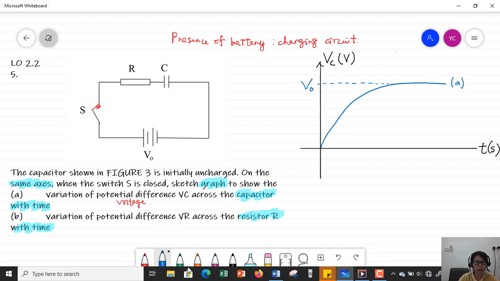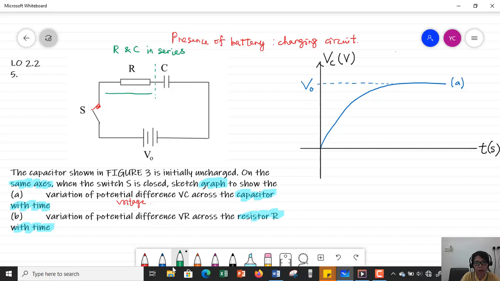Now we need to sketch the variation of potential difference VR across the resistor. So class, if you refer to the circuit, we can see clearly our resistor and capacitor are connected in series. So R and C are in series in the circuit. So the voltage of the battery will be shared between the resistor and capacitor.